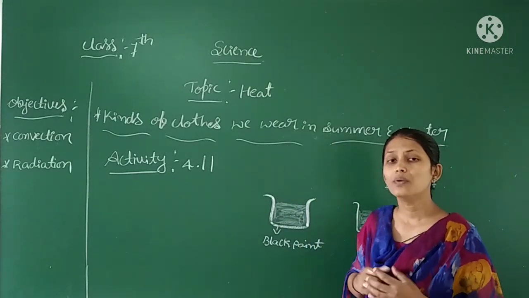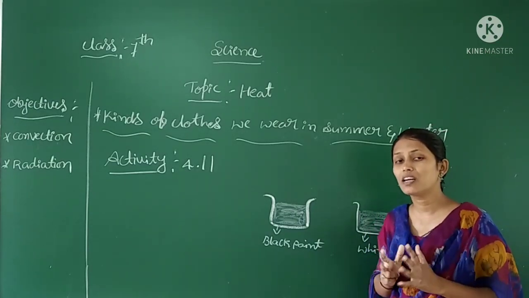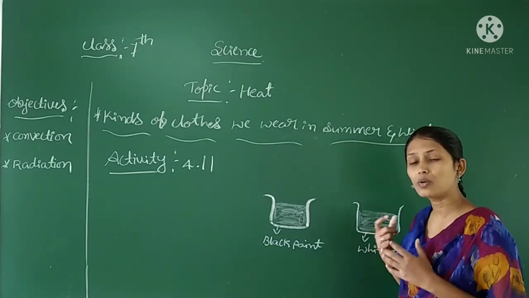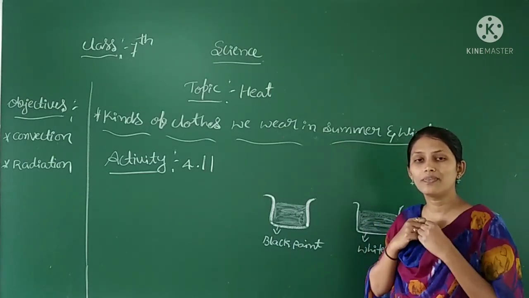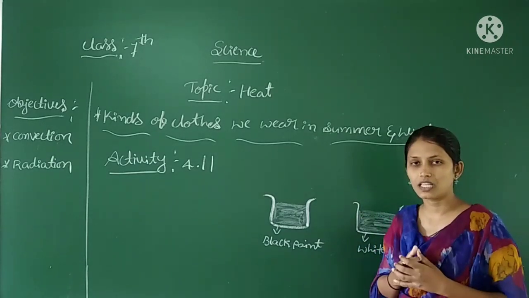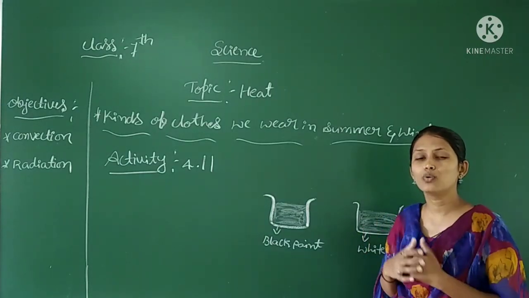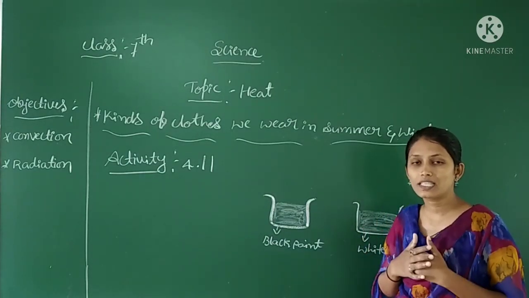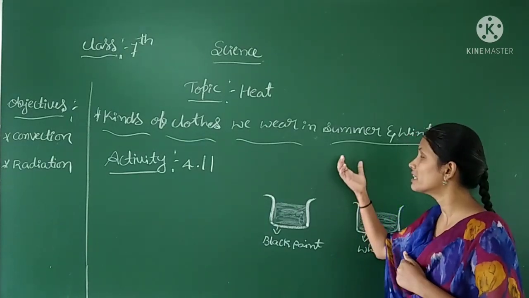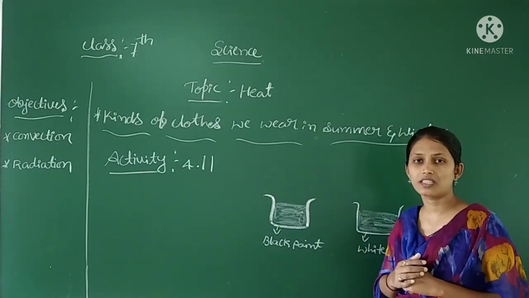Why? The light or white colored clothes reflect the heat from our body. They do not absorb the heat energy from the surrounding. They reflect the heat energy from the surrounding, so it cools our body. It protects our body from the excess heat. That is why we prefer to wear light colored or white colored clothes during the summer season, right?